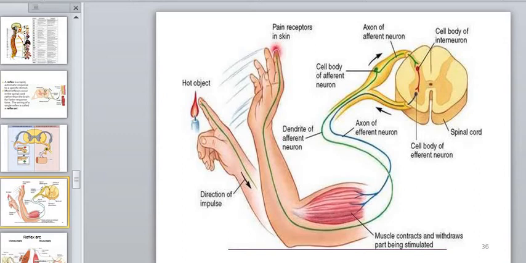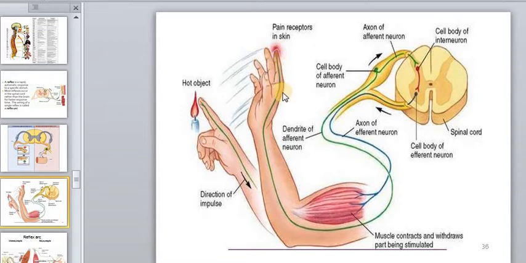Now consider the example of the somatic reflex arc. We have the receptor, for example on the skin, that detects the stimulus. It's the receptor end of a particular dendrite or a specialized receptor cell in a sensory organ, for example hair, eye.